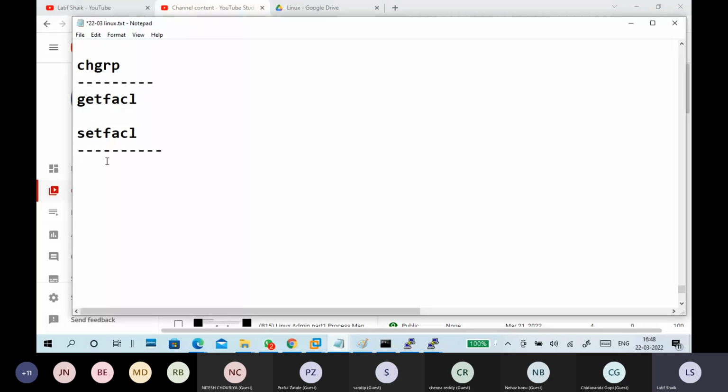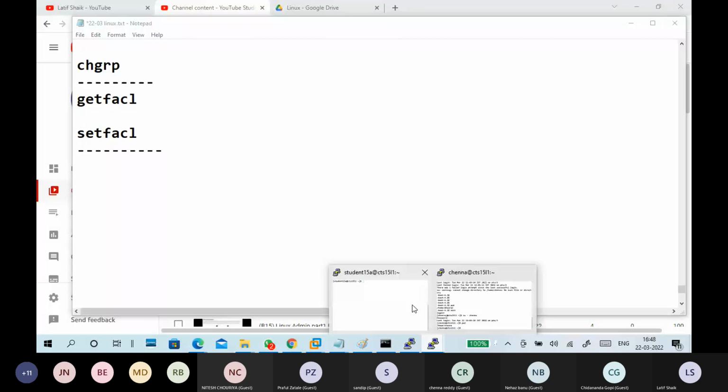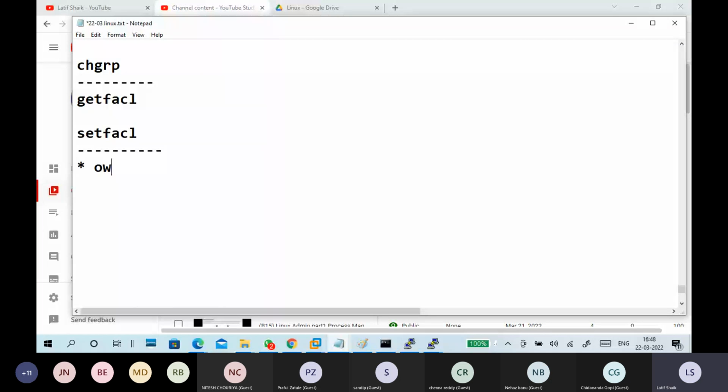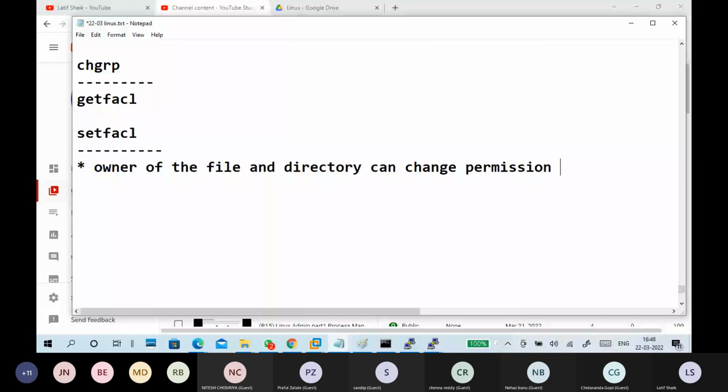Okay, guys. First of all, I put a star here. The owner of the file and the directory can change permissions, like read, write, execute permissions.